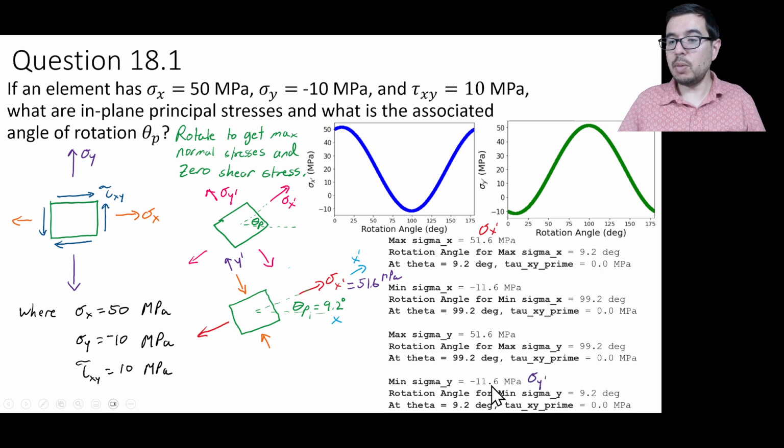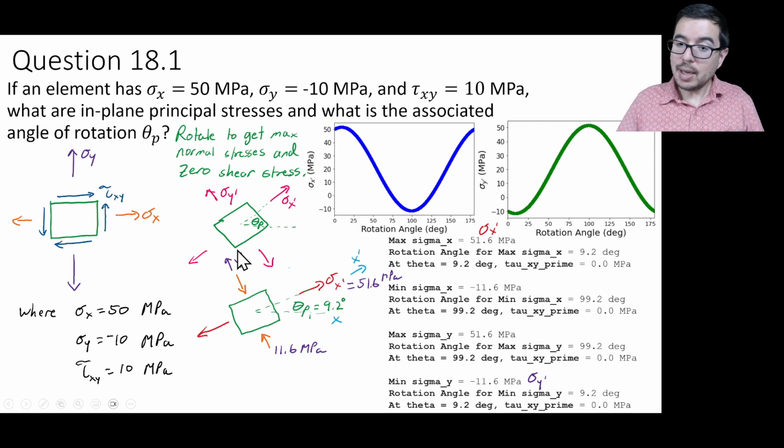So sigma y prime is minus 11.6 megapascals, so this would be 11.6 megapascals with the arrow drawn in the direction shown. Now, what happens if we look at this 99.2 degree rotation?